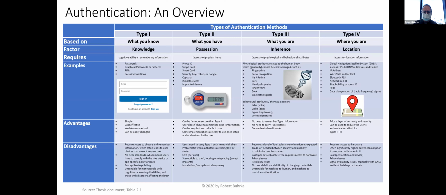So as a bit of an overview, I'm not planning to go through all the details. You may not be able to read this, but fundamentally, we can classify authentication methods by type. For example, what you know, the knowledge-based factor; what you have in your possession; what you are, the inherent biometric-related areas; and, for example, type 4, where you are, which is location-based.